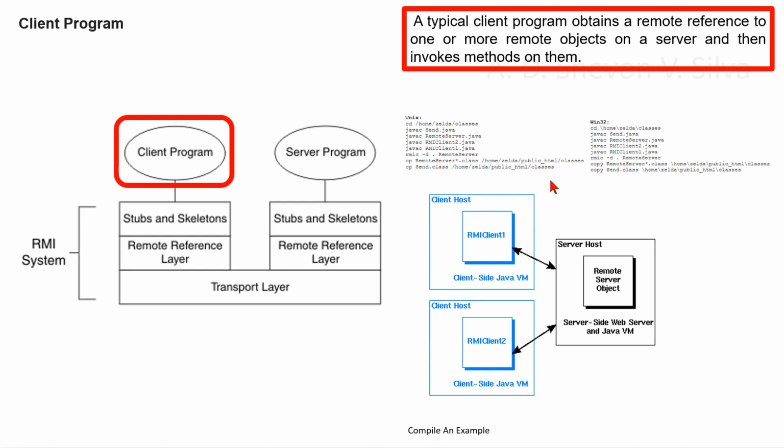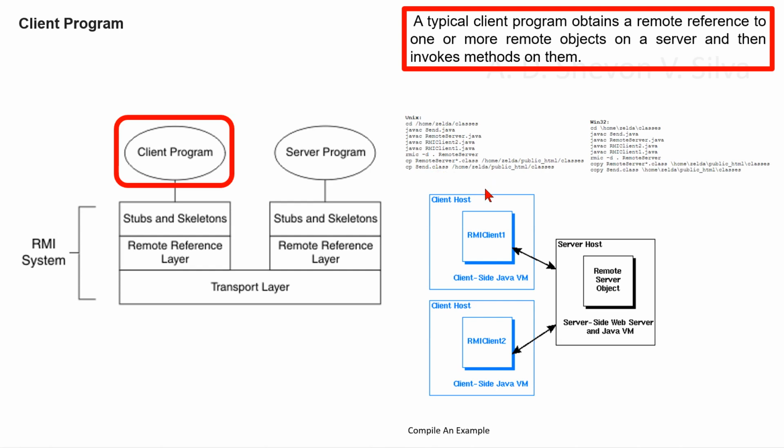They are placed in the public_html directory to be under the web server running on the server machine, because these files are accessed by client programs using URLs. The second copy command moves the send class file to the same location for the same reason.